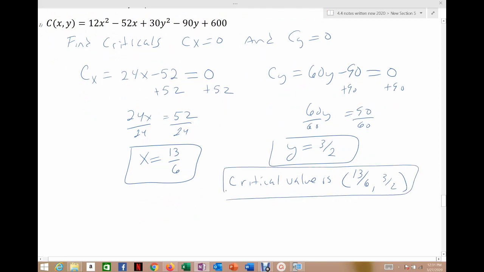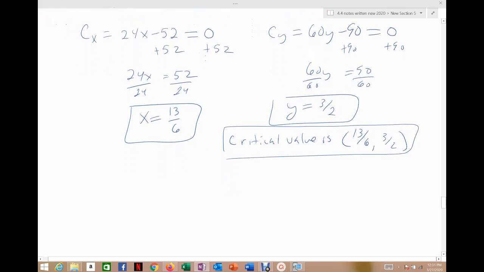Now I want to know, is that critical value a maximum, a minimum, or a saddle point? So now I do my D-test. My D formula is the second derivative with respect to x times the second derivative with respect to y minus one of my mixed derivatives squared. This one's actually a simple case, they're all going to be just numbers.